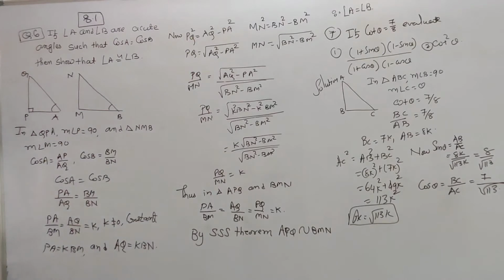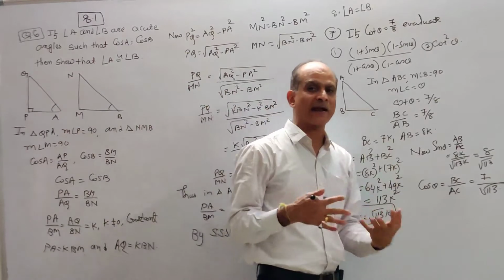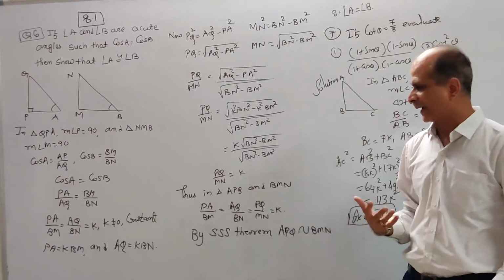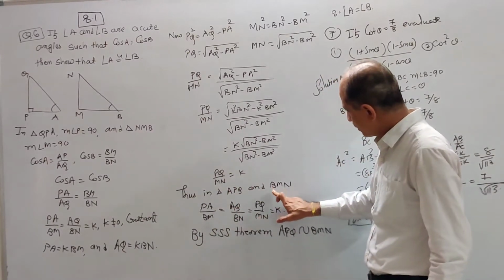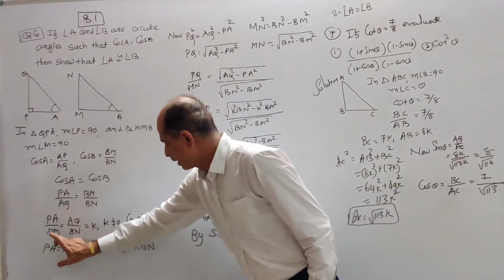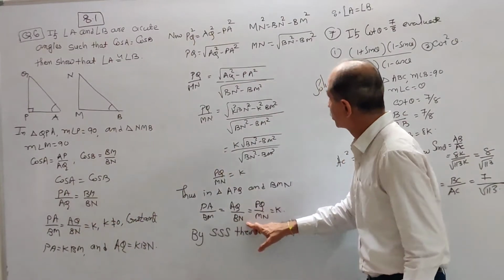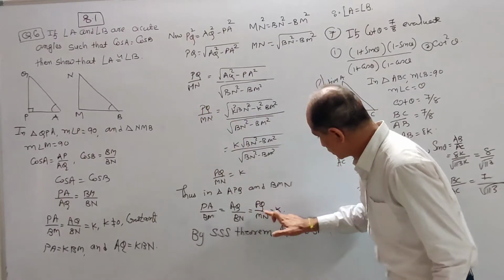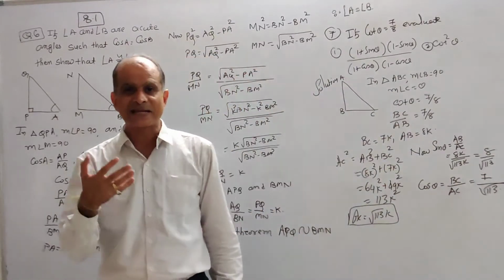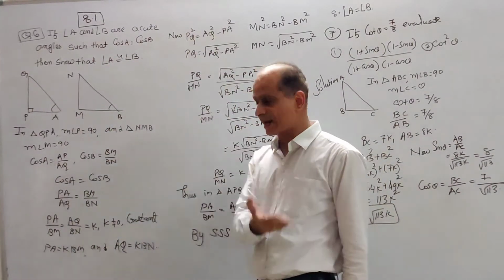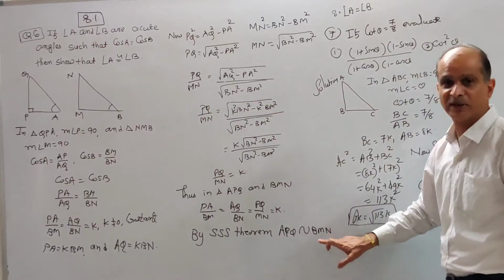So in this example, the ratio of corresponding sides of the triangles is equal, and that is K. So in triangles APQ and BMN, PA upon BM is equal to AQ upon BN is equal to PQ upon MN is equal to K. So by SSS, means side, side and side theorem, you can say these two triangles are similar triangles.